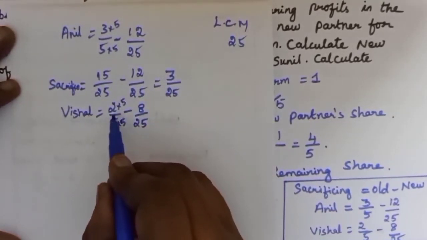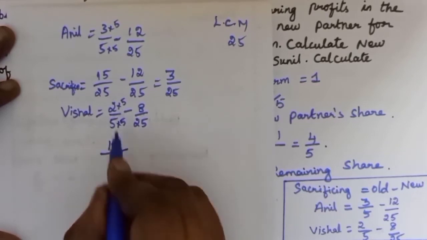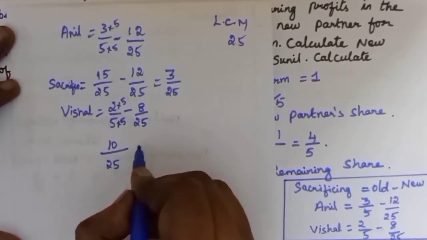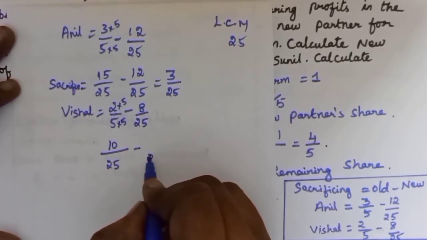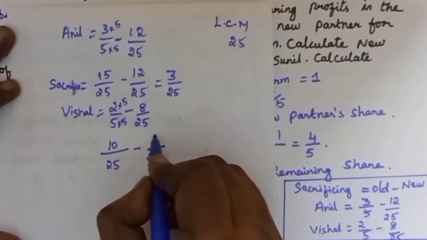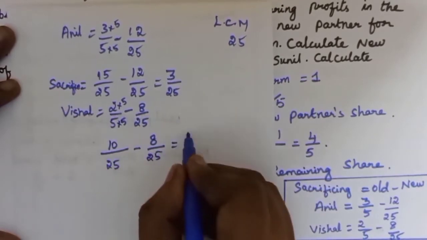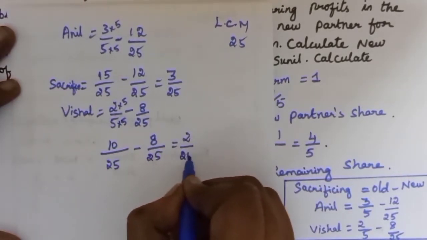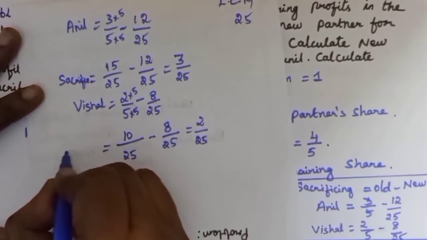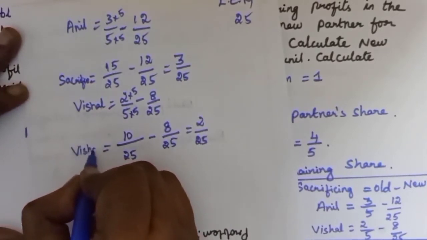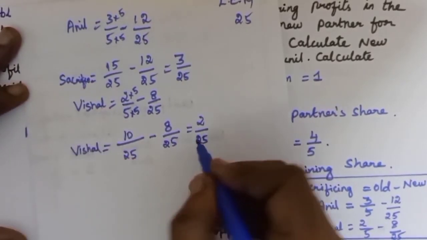We will get 2 5s are 10. 10 by 25 minus 8 by 25. Okay. So 10 minus 8, we will get 2 by 25. This is the share sacrificed by partner Vishal.